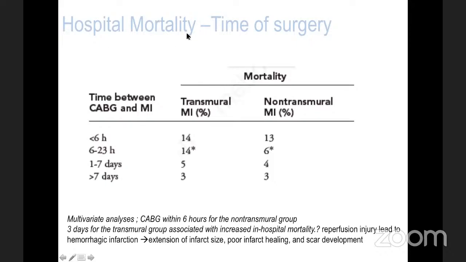In terms of time of surgery, with CABG done less than 6 hours, you can see the non-transmural group peaked in the first group, less than 6 hours, and then the mortality decreases. On the other hand, in transmural MI, the mortality is high in the first 3 days, then decreases to 3%.